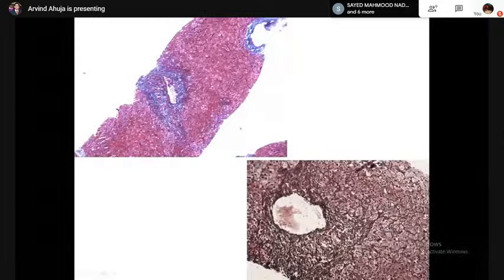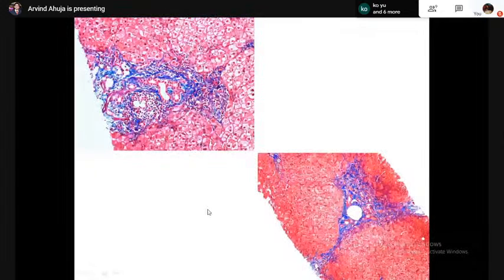There is not much regenerative activity going on. These are not slides of a similar case, but this is to show you that Masson's trichrome stain beautifully highlights the portal fibrosis, as well as periportal extension of the fibrosis, and this is another small portal tract. So there is portal bridging fibrosis also, with thin septa being formed here.